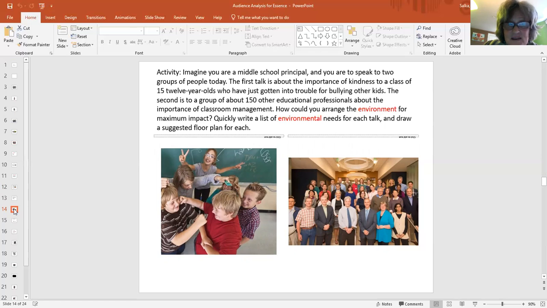The second is to a group of about 150 other educational professionals about the importance of classroom management. How could you arrange the environment for maximum impact? Quickly write a list of environmental needs for each talk and draw a suggested floor plan. We'll talk about that as well.